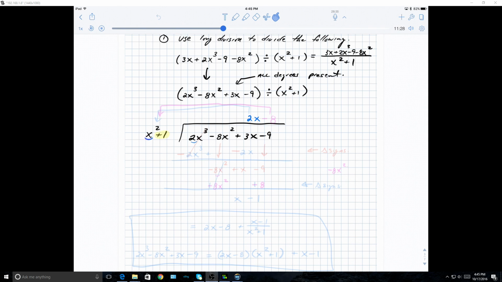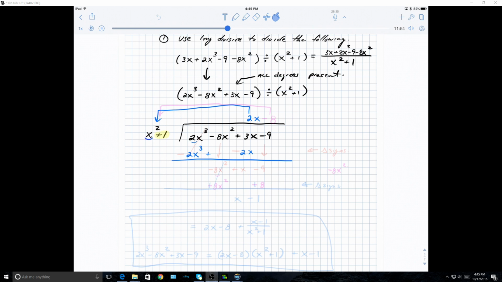And now we're going to multiply this 2x by the entire expression x squared plus 1. So now we have 2x cubed plus, well, it looks like what we'll have is 2x. So notice where I put them.